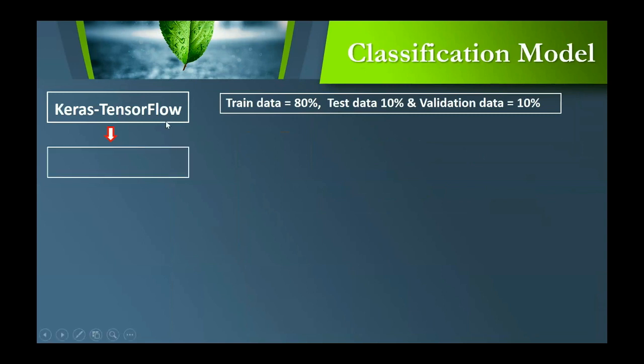Now, I earlier said that we employed Keras TensorFlow, which I've explained. In Keras, or in TensorFlow, there are two ways of constructing our model, because here we went to the classification model creation. First and foremost, we split the data into three parts: 80% for training, 10% for testing, and the other 10% for validation.